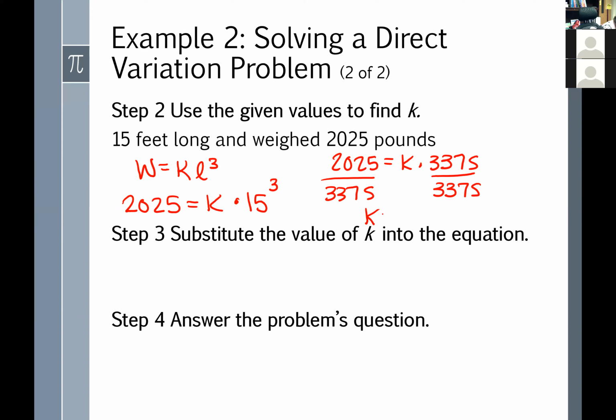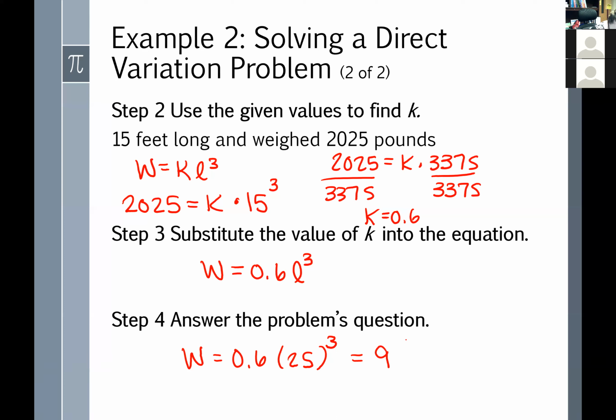So K is 0.6. So my equation is W equals 0.6 L cubed. And so how much does this 25-foot shark in Jaws weigh? So take your handy dandy calculator out, multiply 0.6 times 25 cubed, and I get 9,375 pounds. That's a big shark.